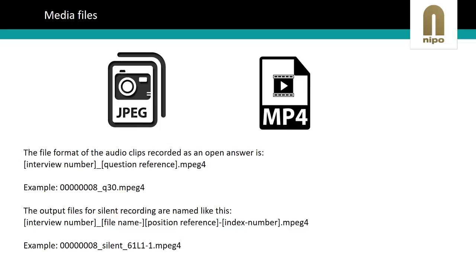And also, finally, this is interesting. This number 1 means that it is the first silent recording for the interview, because, as you may know, you can record the whole interview in one go, or you can just record parts of the interview.